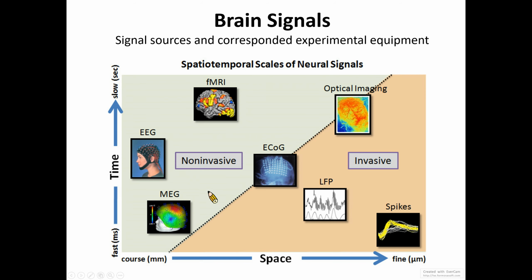The EEG, the electroencephalogram, measures the scalp electrical activities by electrodes attached to the scalp. It has a very good time resolution, but the spatial resolution is not good. The MEG may have quite good time and space resolutions, but it can only cover the surface of the brain.